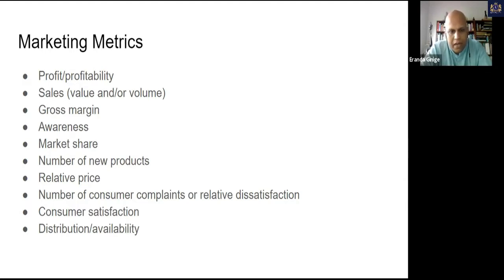The other one is gross margin. Now that is similar to profit, right? But it's more to do with the result of your marketing campaign.